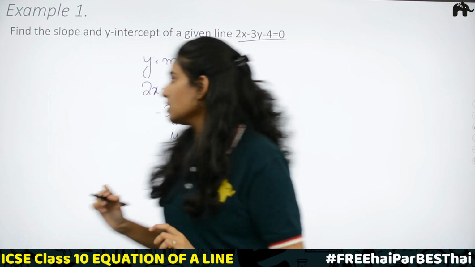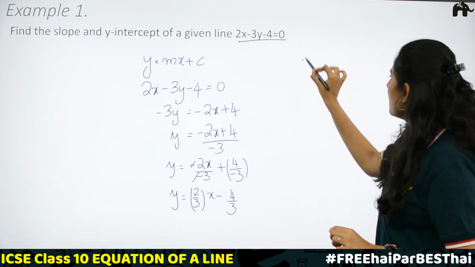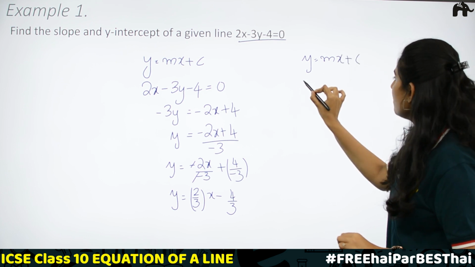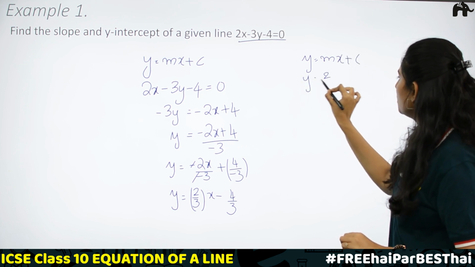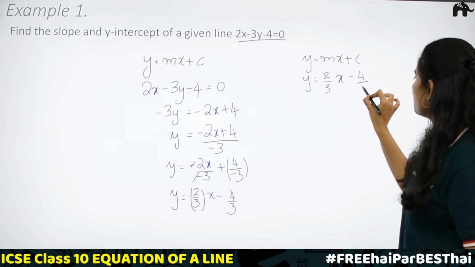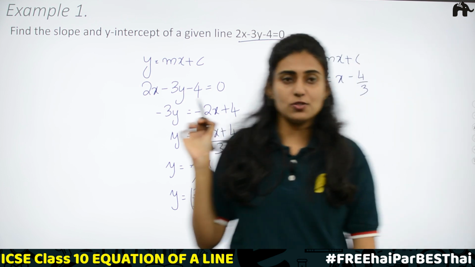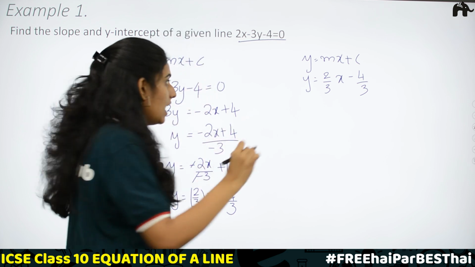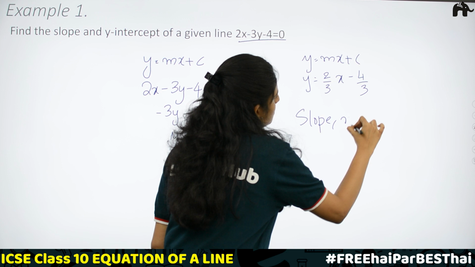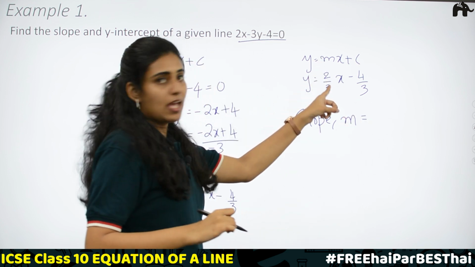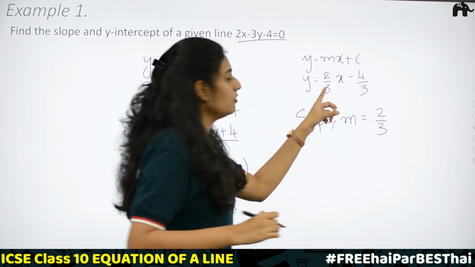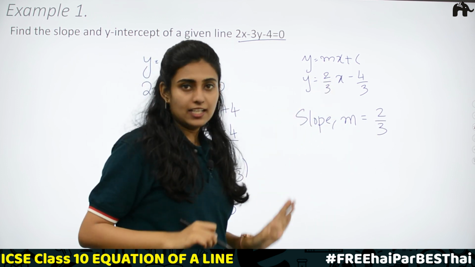Now compare this with the form y is equal to mx plus c. Here we have y is equal to 2 by 3 x minus 4 by 3. Then what are the values of m and c? Slope is m. We know slope m is equal to, what is the value of m here? We have 2 by 3. That is the coefficient of the x containing term.